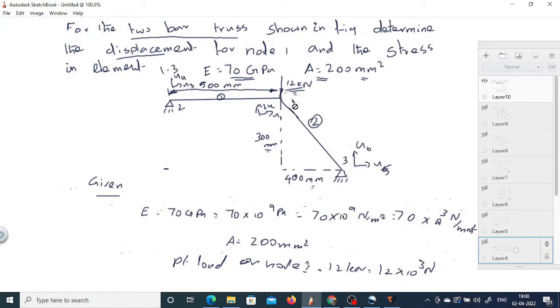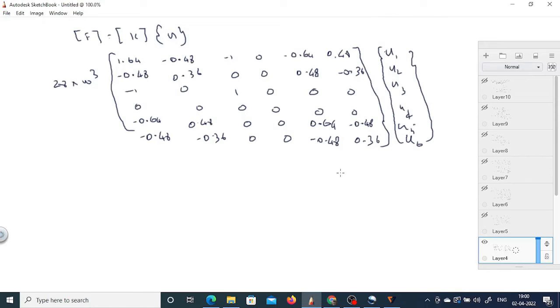Here you see U1, U2 available, U3, U4 available, U5, U6 available. So 6 degrees of freedom acted in this problem, so 6 displacements acted.